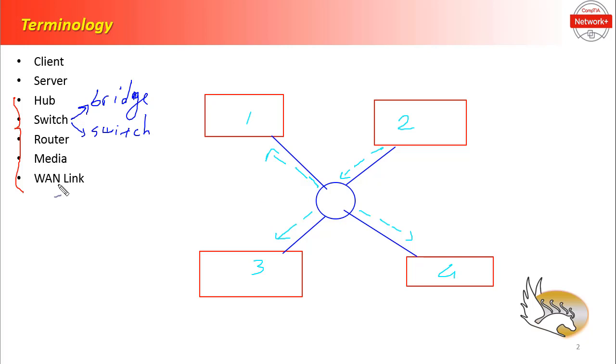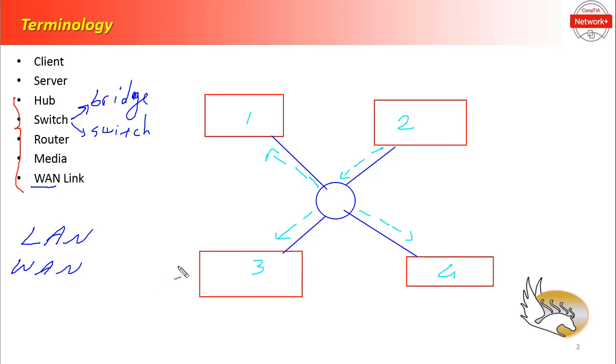What about this last one, WAN link, a wide area network link? We have, as a matter of fact, a local area network or a wide area network, and all of them, of course, are part of some other definitions that we are about to speak about. And LAN is going to be local. This means that it is in a very, very small space, but WAN is a wider space.